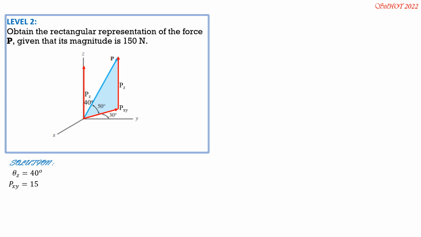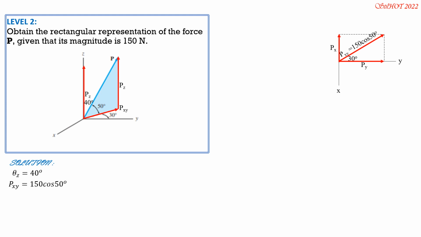So Pxy is equal to 150, the hypotenuse, cosine of 50 degrees, this value here. If you solve for Px, which is this component opposite of 30 degrees, let's draw the top view so that you can understand. This is 150 cosine 50, Pxy, and this is Px, this is Py. Px is in the opposite direction to x, so that's why it is negative.